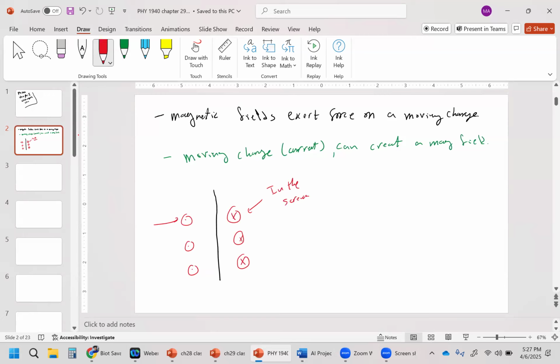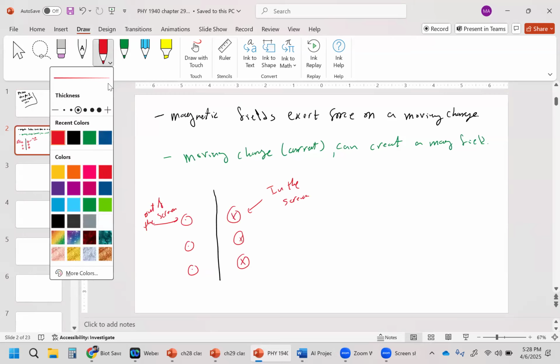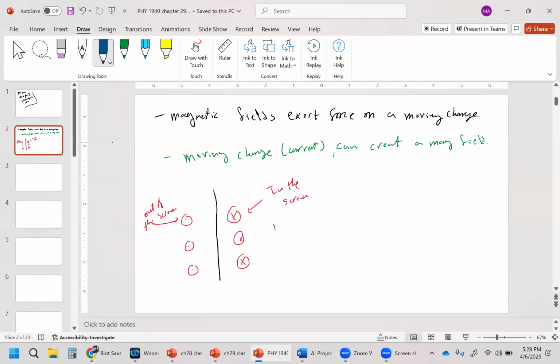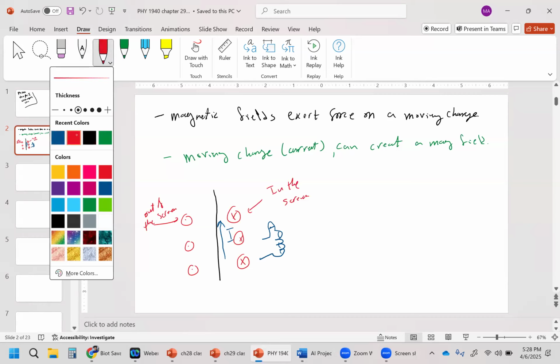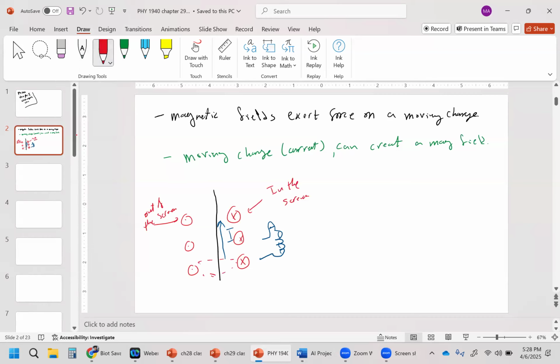This is out of the screen. Which means, according to your right-hand rule, your current is going to be going in that direction, where your magnetic field is going to be going this way.